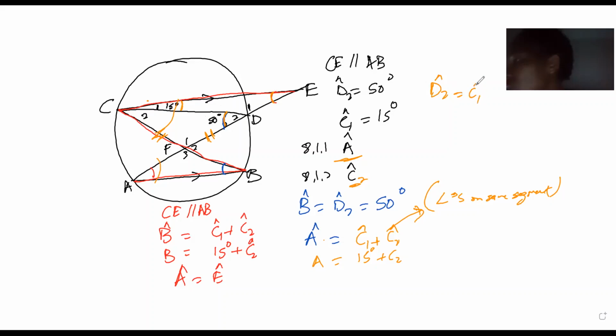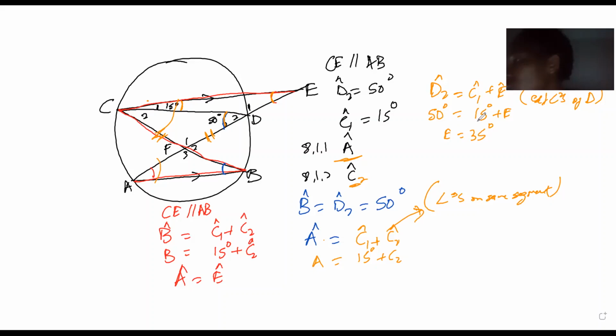D2 is C1 plus E. The reason being exterior angle of a triangle. And we know that D2 is 50, C1 is 15 plus E. Therefore, E is going to be equal to 35 degrees.